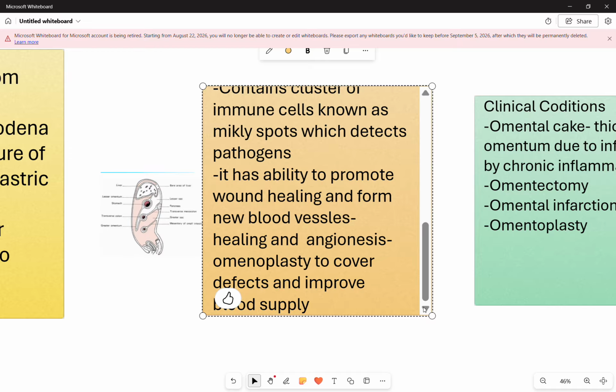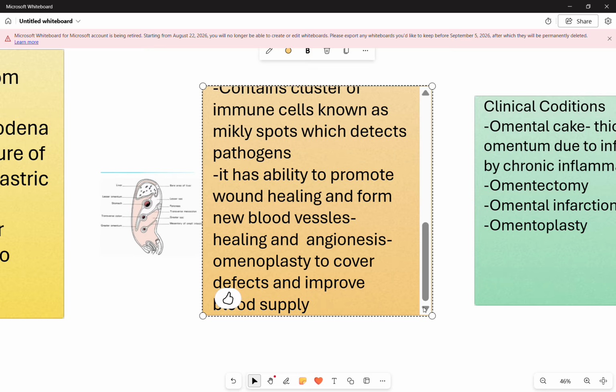So it forms a localized lump or a localized abscess in the right iliac fossa, preventing more fatal generalized peritonitis and generalized infection in the abdomen.